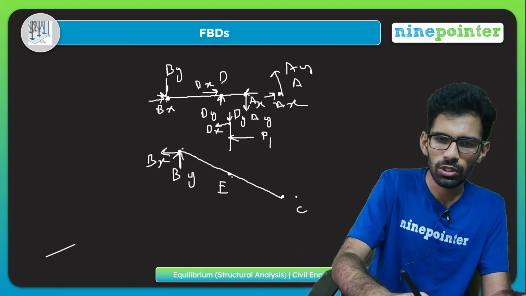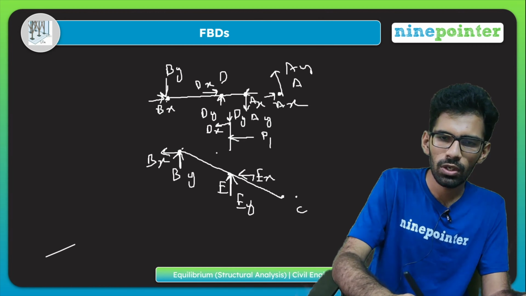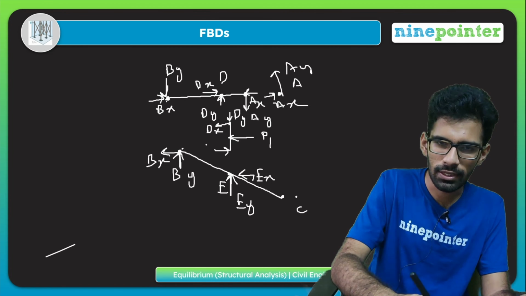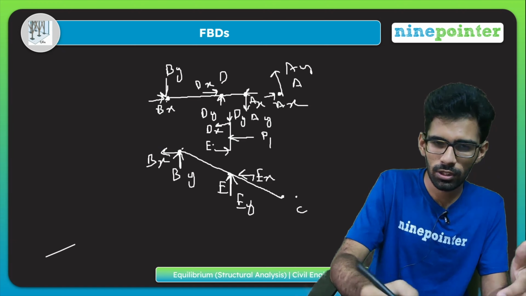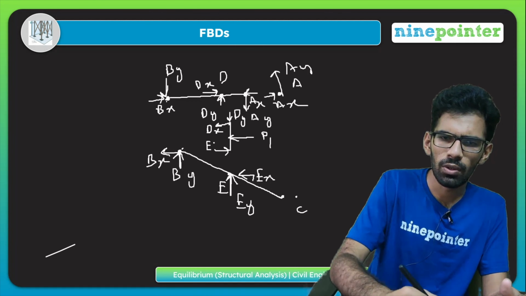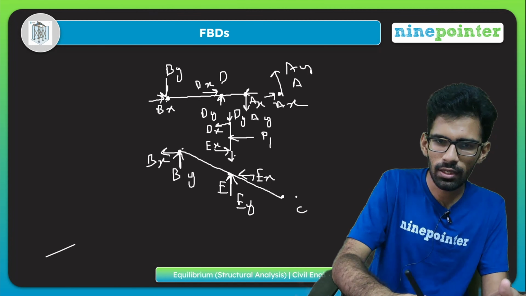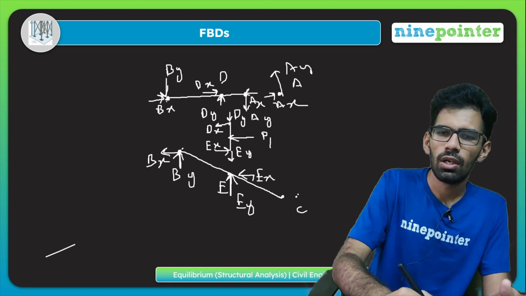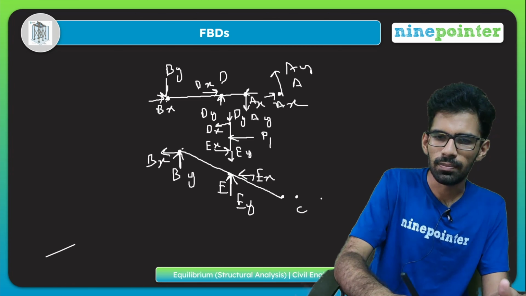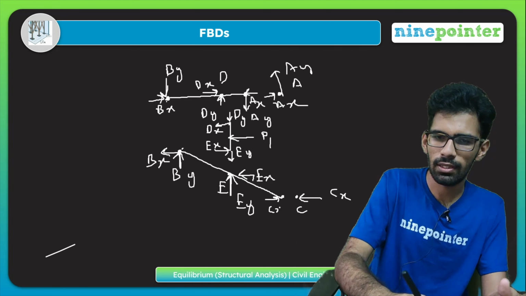Similarly, at E the forces will be EY and we'll be having an EX. The same will join in this. These are not actually supports, but we are treating them as pin supports because they are similar. So EX and EY. And now for the last part, C. We have CX and we have CX here also.